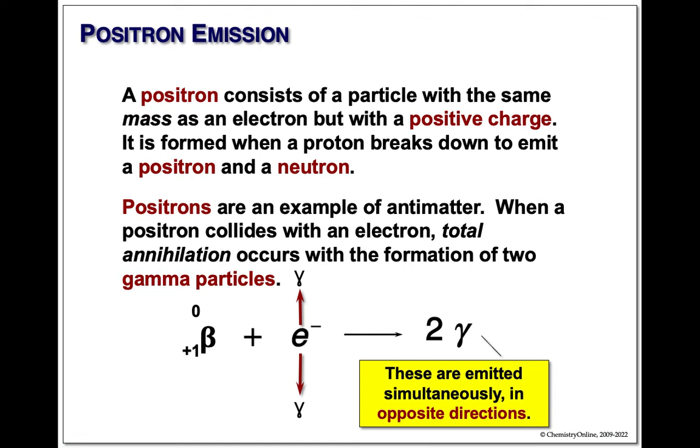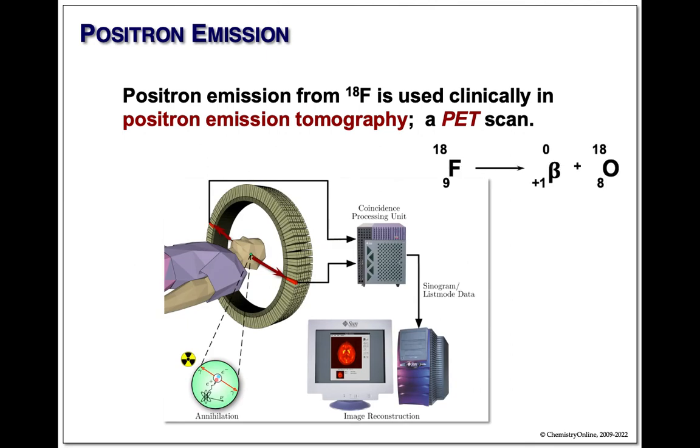This forms the clinical basis of positron emission tomography. So, that's a person. This is a ring of Geiger counters. And they're looking for gamma rays. These are computers. Because the gamma rays from the collision are emitted in opposite directions, the computer is here watching for simultaneous emissions 180 degrees apart.